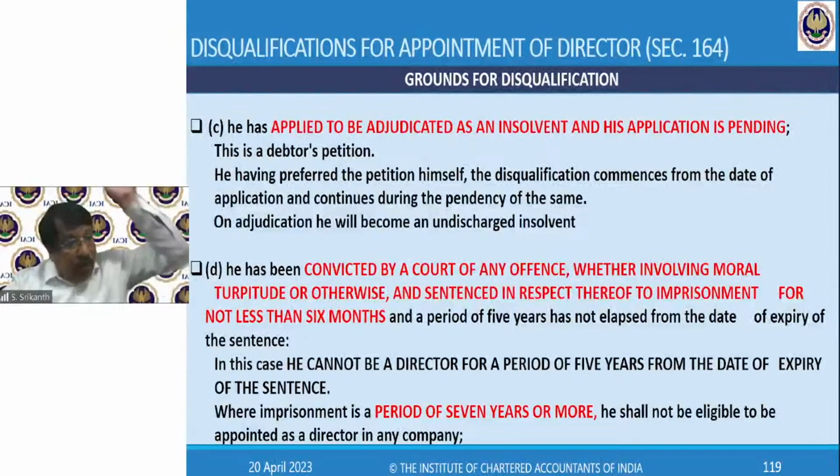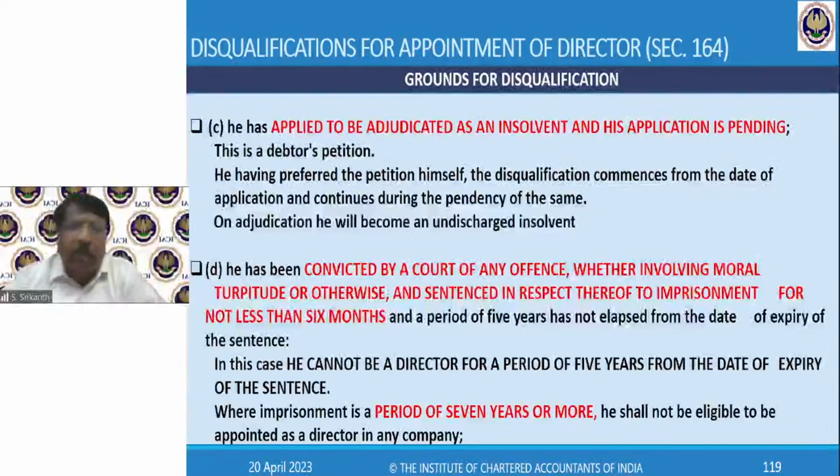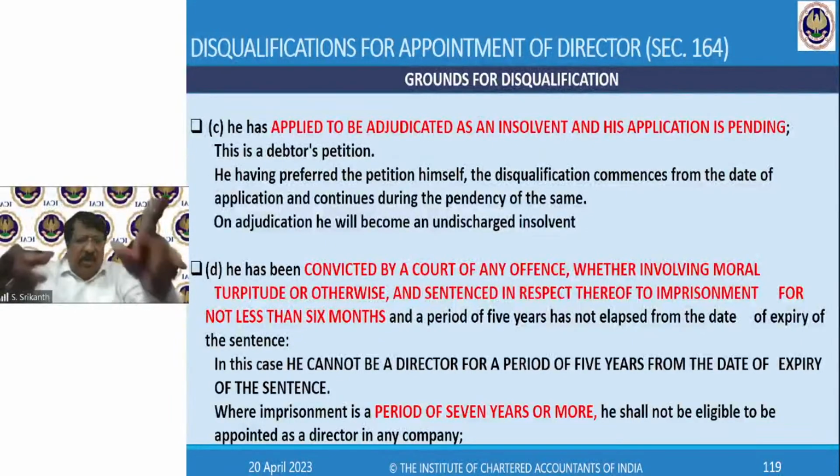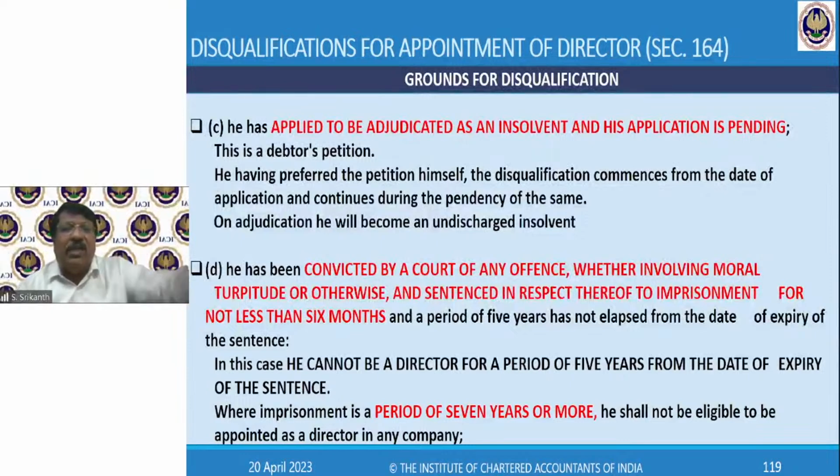So earlier, only moral turpitude offenses were covered. Now, whether involving moral turpitude or otherwise, any offense, if he is convicted and sentenced, meaning the punishment is given, that is called sentencing, in respect thereof, to imprisonment for not less than 6 months. So, 3 things.